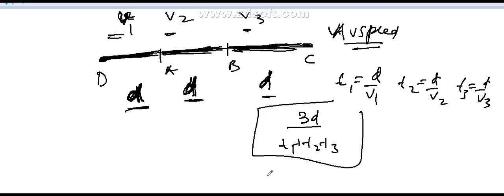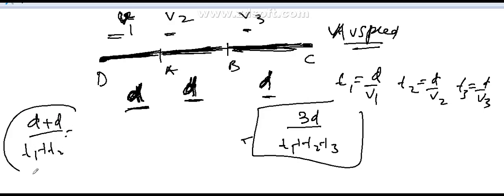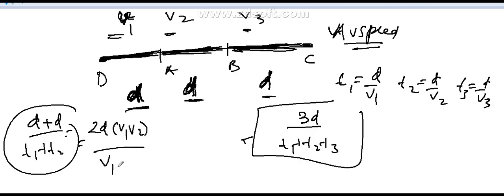In the previous problem, we had D plus D over T1 plus T2, and we got 2D V1V2 divided by V1D plus V2D. D goes, cancel. Now what will we get?